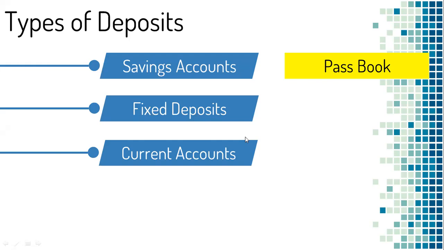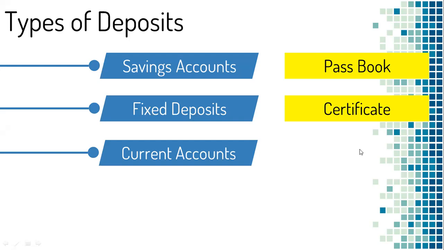Passbook. And do you know, once you open a savings account, what you receive? A passbook. And once you open a fixed deposit, the bank gives you a deposit certificate. If you like, after this session, ask your parents. They will explain it nicely. Savings account, you receive a passbook.